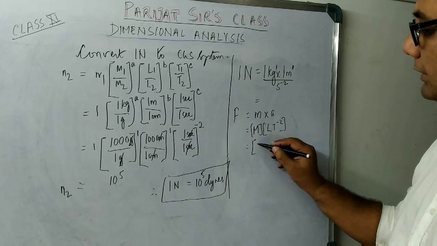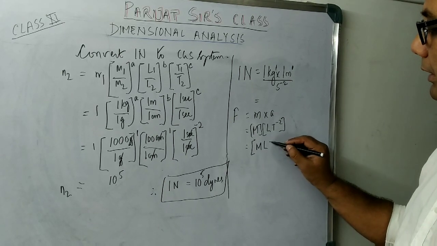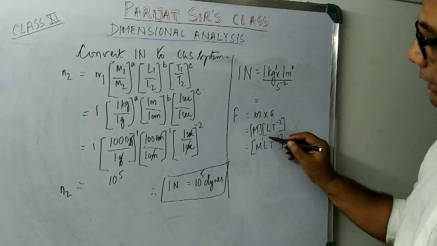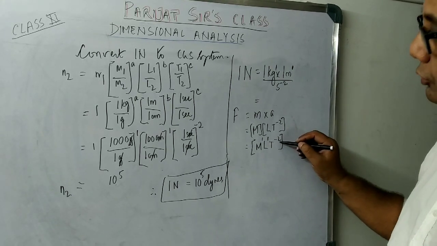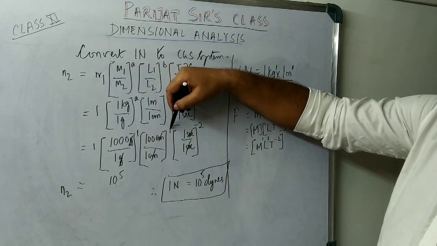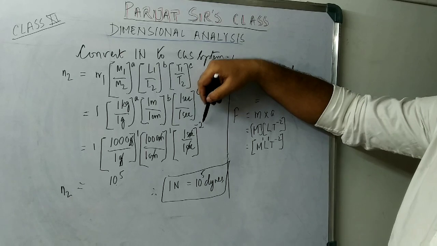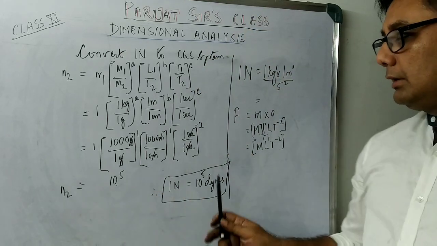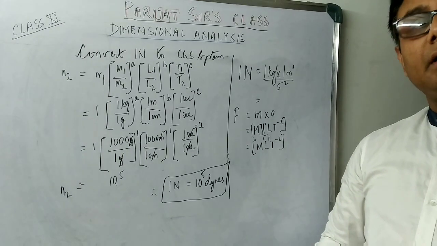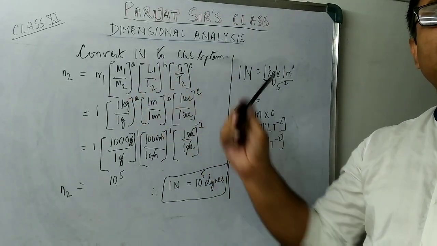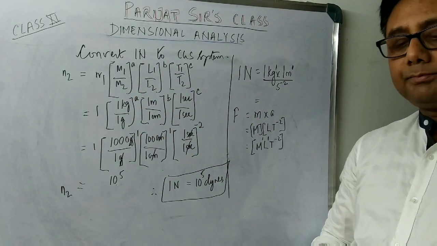So from here we can see it is m, l, t minus 2. So see, the power of m is 1, length is 1, time is -2. So in place of a I put 1, in place of length I put 1, and in place of the power I put -2. So from here I am getting 1 Newton is 10 to the power 5 dynes. So this is the conversion of one system of units to the other. Okay?